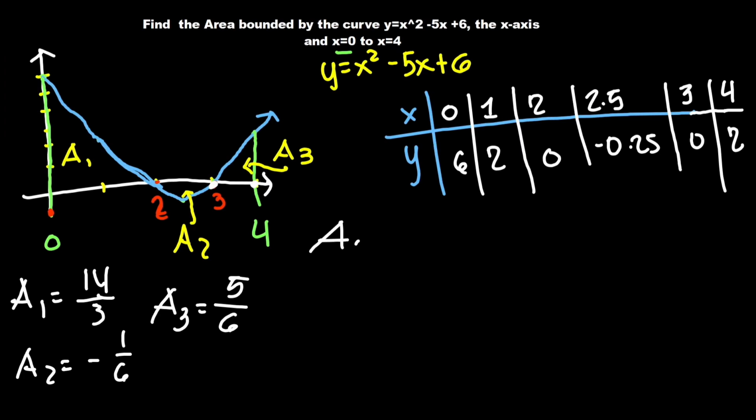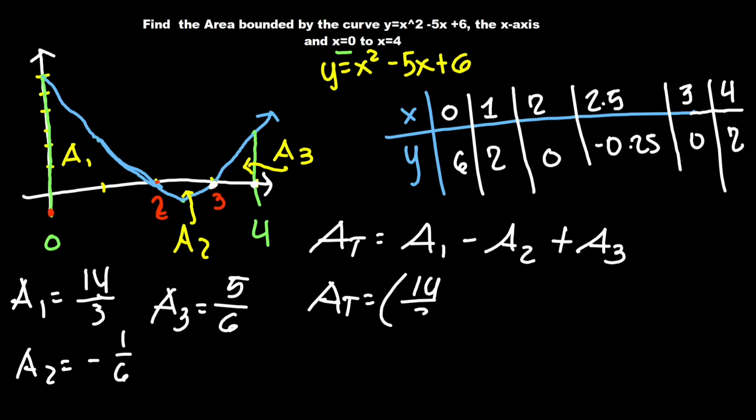Total all of this. The total area would be equal to a sub 1 minus a sub 2, because it is at the bottom of the x-axis, so it would be minus, plus a sub 3 because it's at the top of the x-axis. And so this would be 14 minus 3 minus negative 1 over 6 plus 5 over 6.